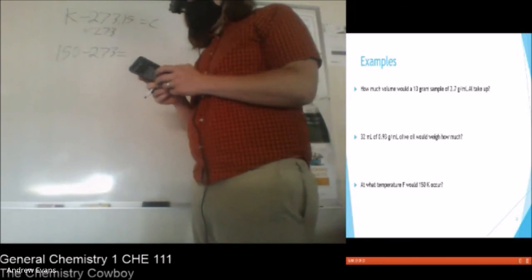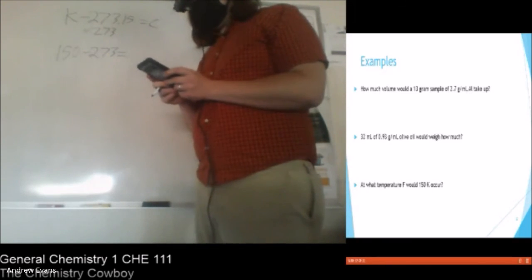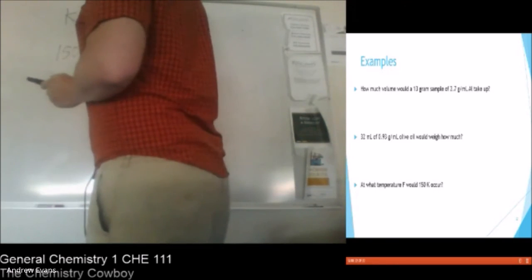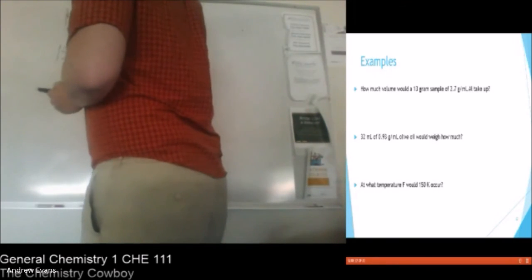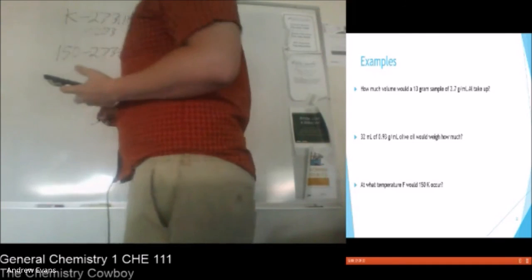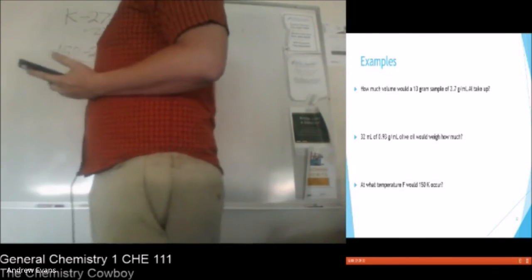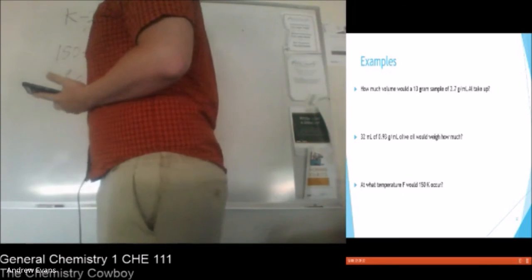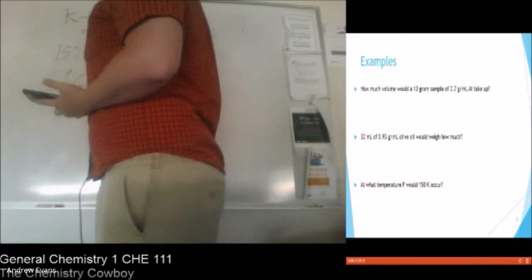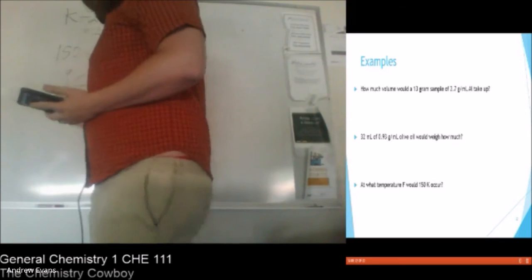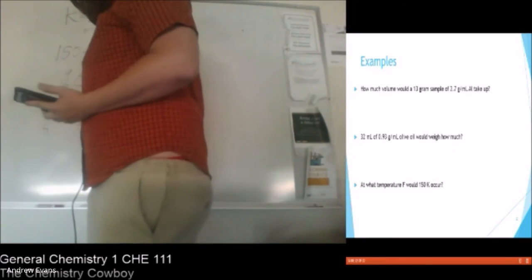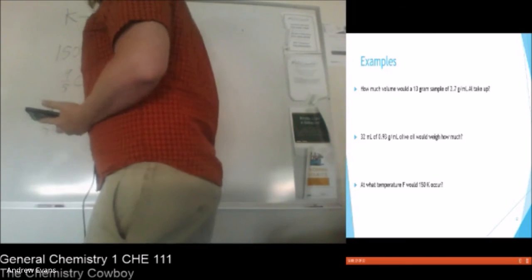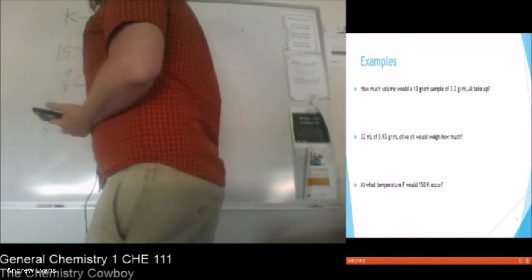So we don't have a direct leaping point from Kelvin to Fahrenheit. So negative 123 degrees C. Now the equation we gave earlier, 9/5 Celsius plus 32 equals Fahrenheit. So 9 over 5 times negative 123 plus a positive 32.